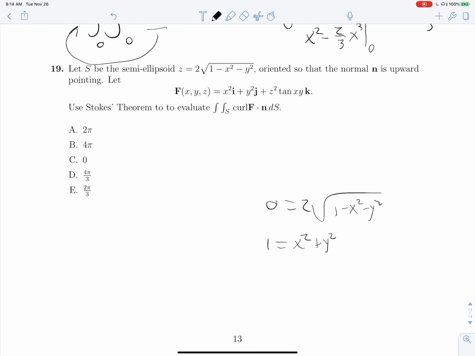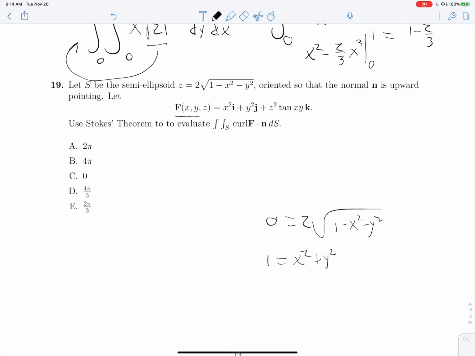So going back to what I was saying about how we can do this without any math, we see that if we take our f of x, y, z, for z equal to 0, we are going to get what is completely a radial vector in the xy plane.